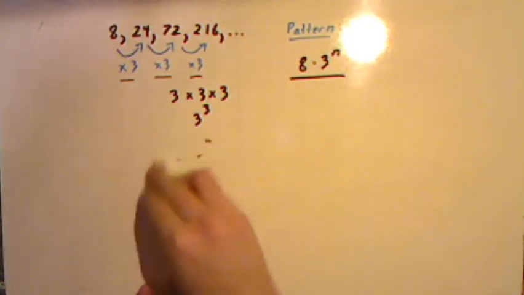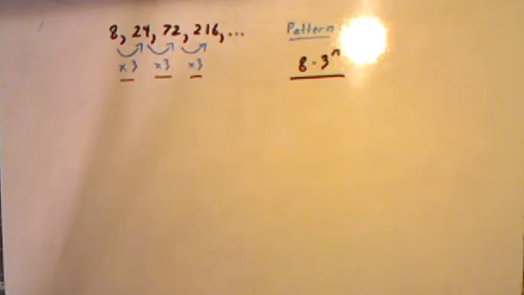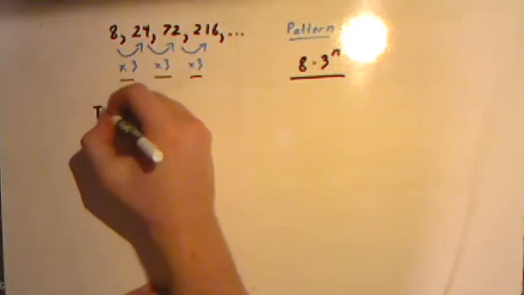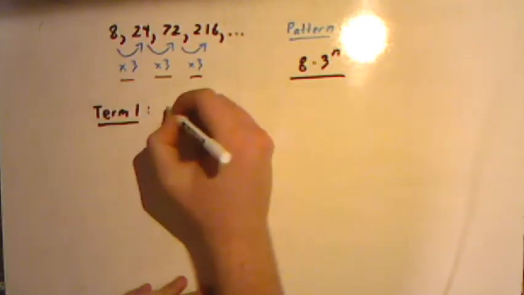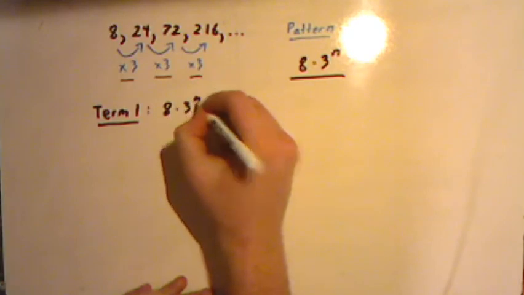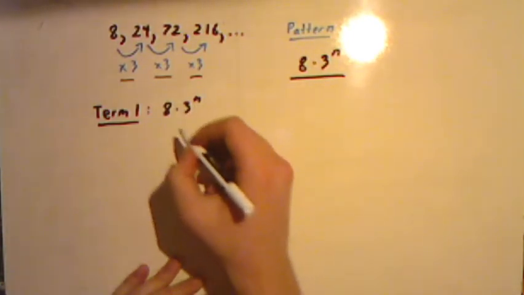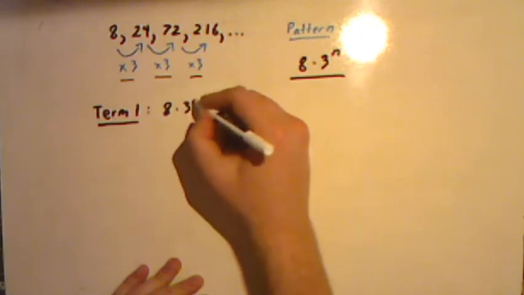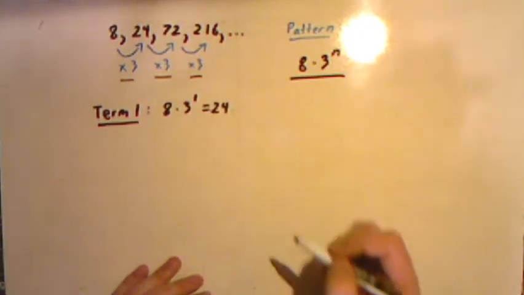Now there is something important to note about this particular formula. If we were to plug in 1 as our term, then we would have 8 times 3 to the n, and we'll notice that we turn n into 1, and that just becomes 8 times 3, which is 24.